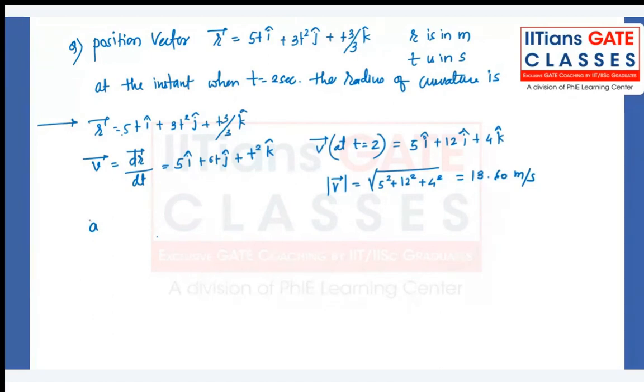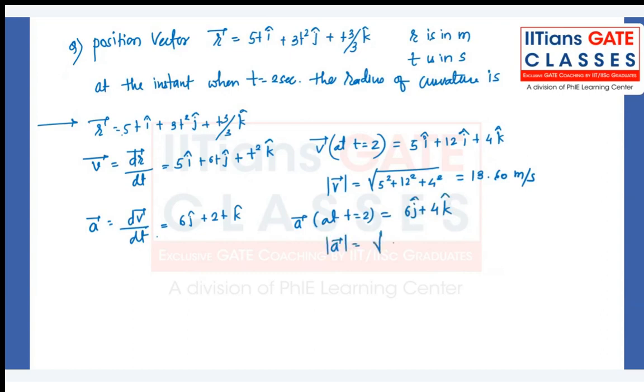A bar is again differentiation of v bar with respect to time, that is 6j plus 2tk, and a bar at t equal to 2 will be equal to 6j plus 4k, and mod of a bar is equal to under root of 36 plus 16, under root of 52, and that is 7.21 meters per second square. Okay.